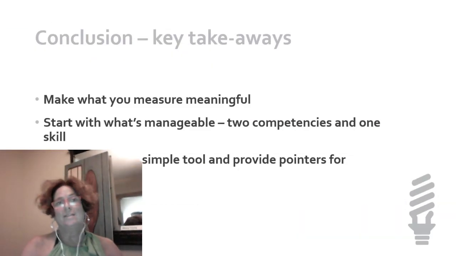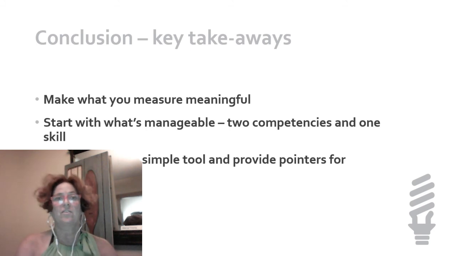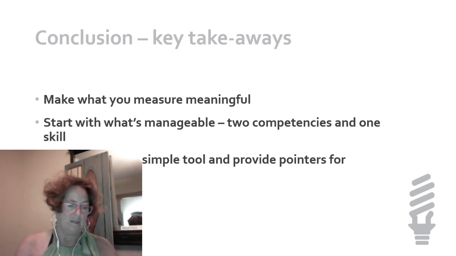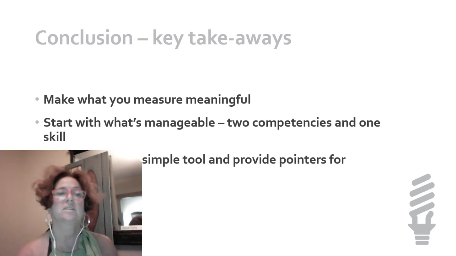Just a few takeaways, I guess, that I would give you from our own experimentation with these two elements, two goals, which was to make entrepreneurial competencies more explicit for the learner and to involve stakeholders in the process.